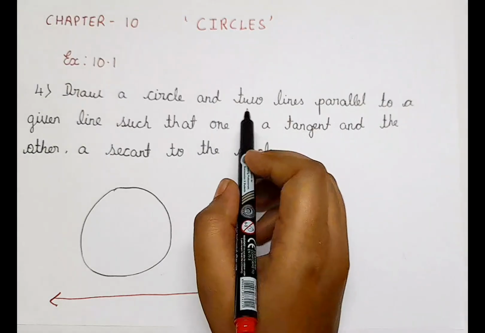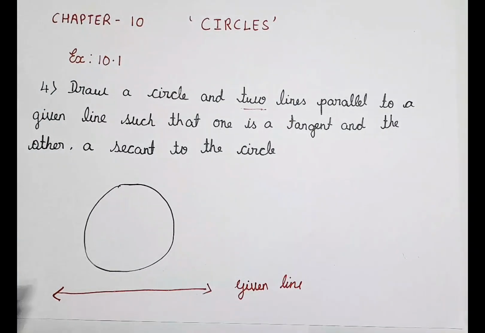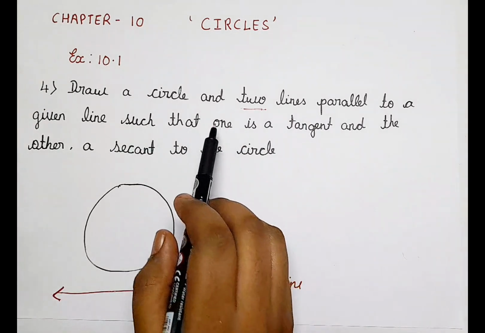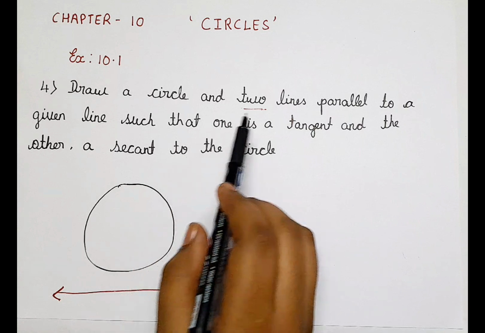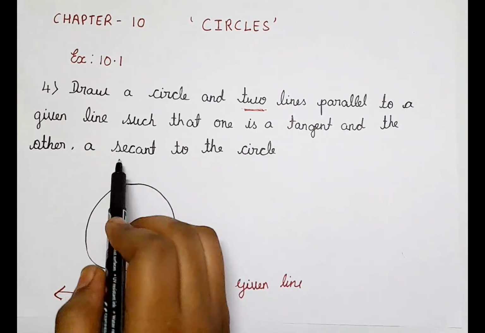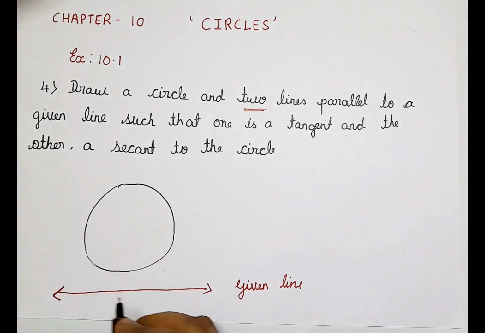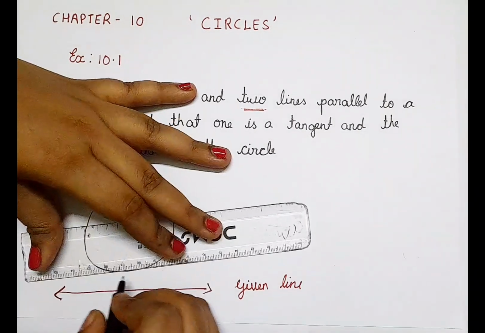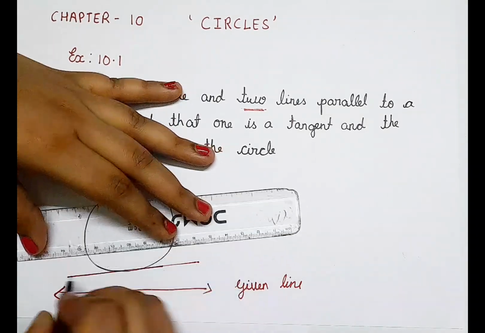And then two lines parallel to the given line. So what are those two lines? One is a tangent and the other a secant to the circle. So what is the meaning of tangent? Tangent means when we draw a line attached to the circle, we call it a tangent.